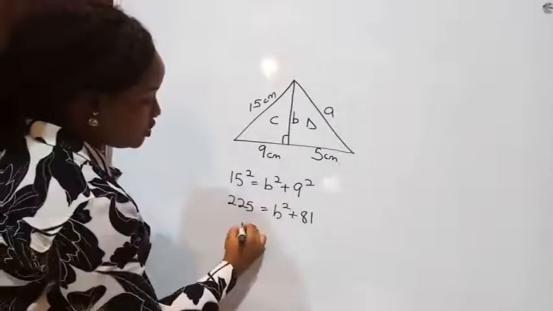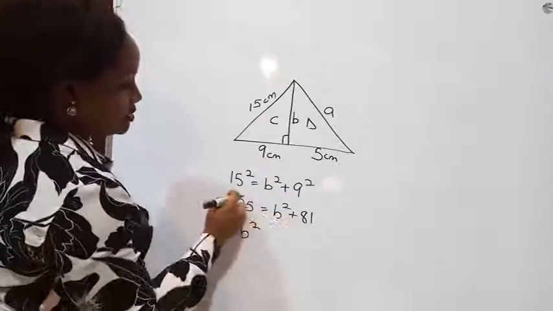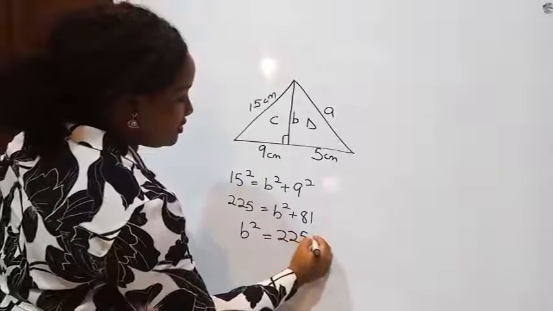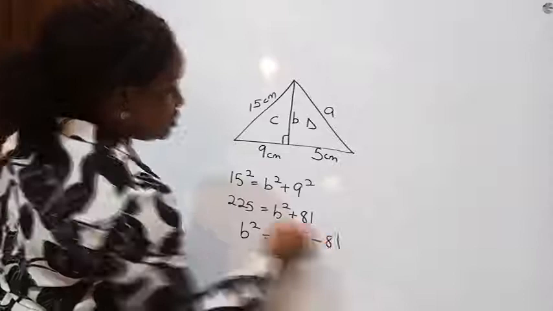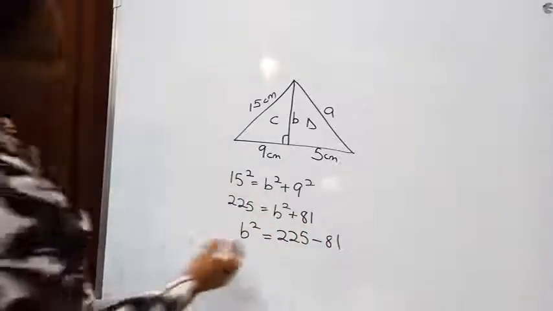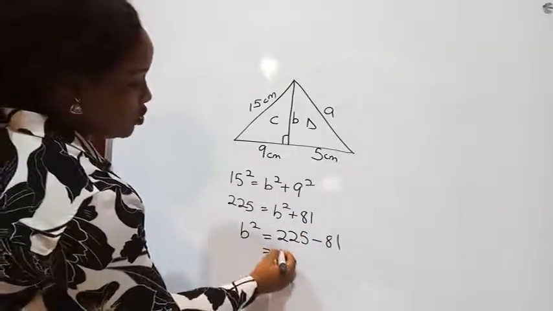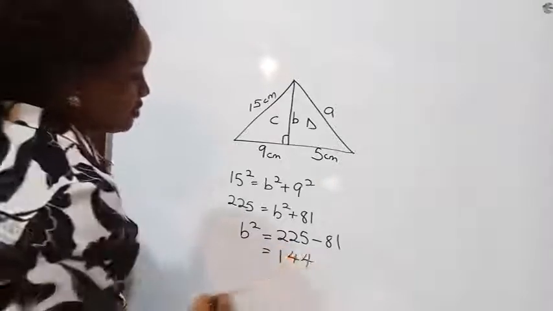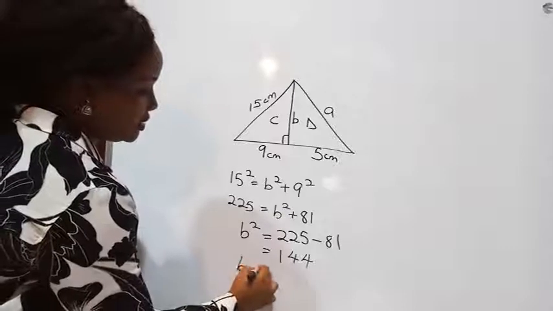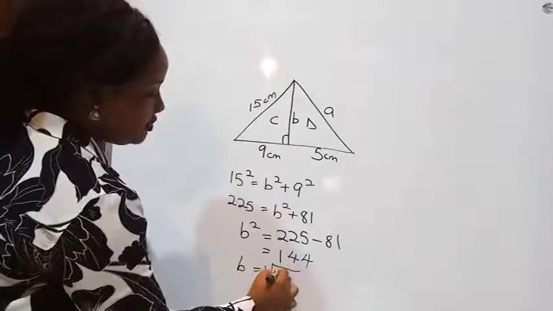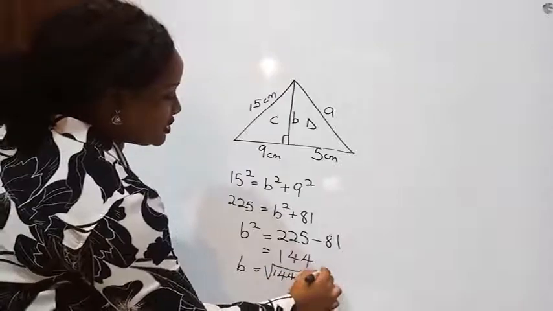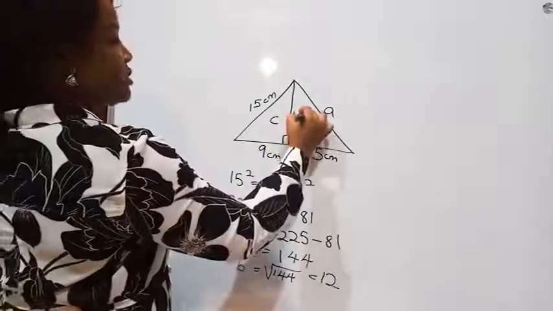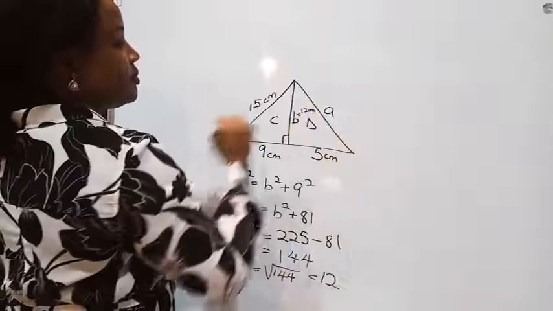So you have B squared, okay, this 81 moves over, but 225 minus 81 gives you 144. So our B is equal to the square root of 144, which gives us 12. Okay, so we have our B now to be 12 cm.